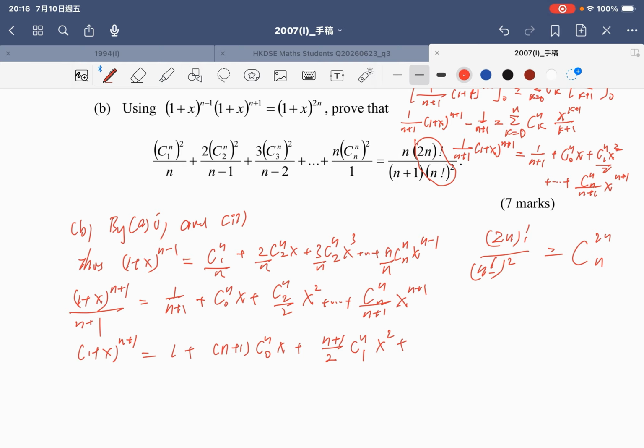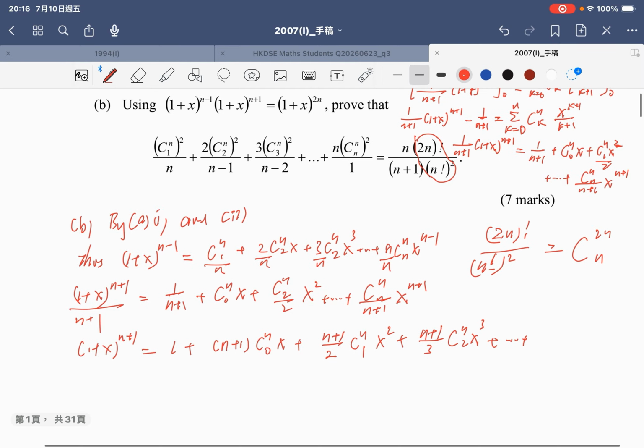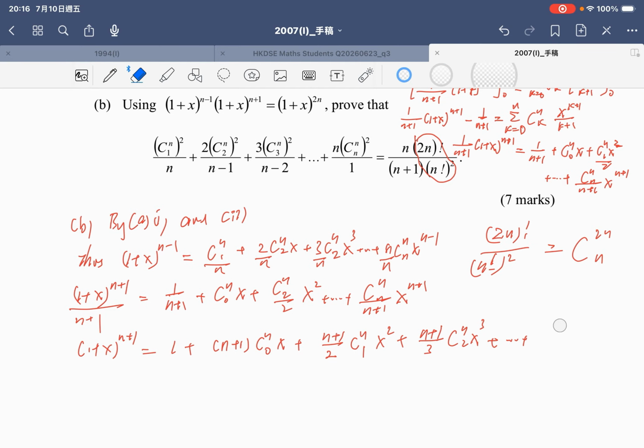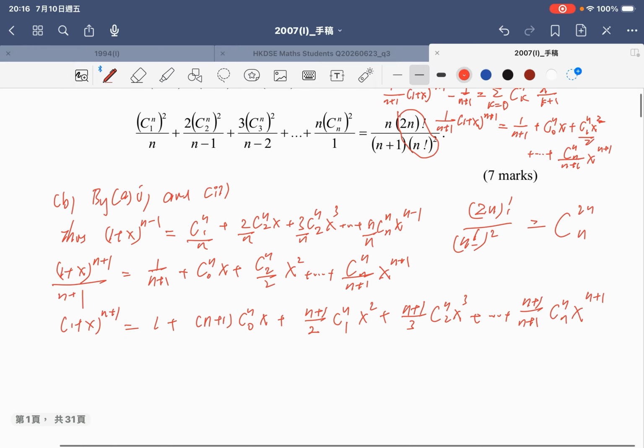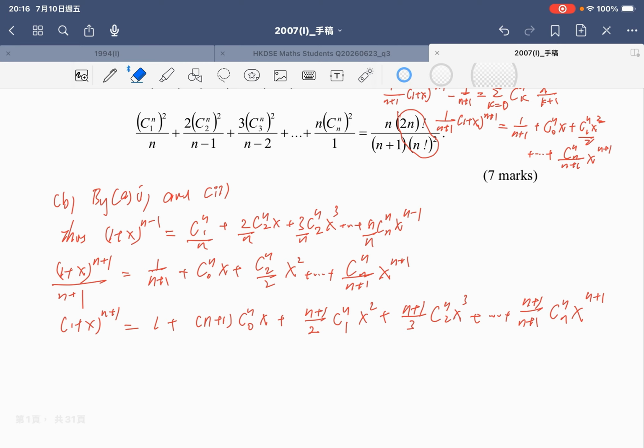And then the third term: I think I write one more term, (n plus 1) over 3 times nC2 x to the power 3. And the last term is (n plus 1) over (n plus 1) nCn x to the power n plus 1. Okay, I erase this one.